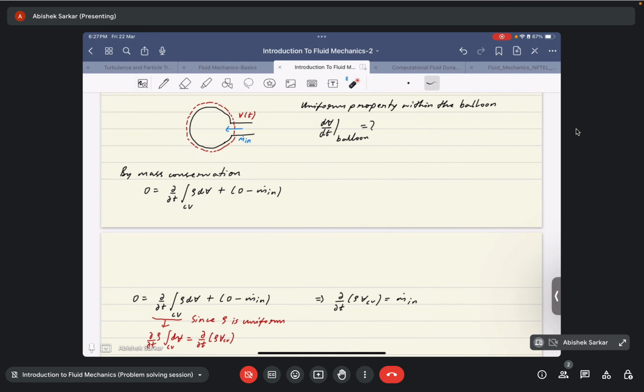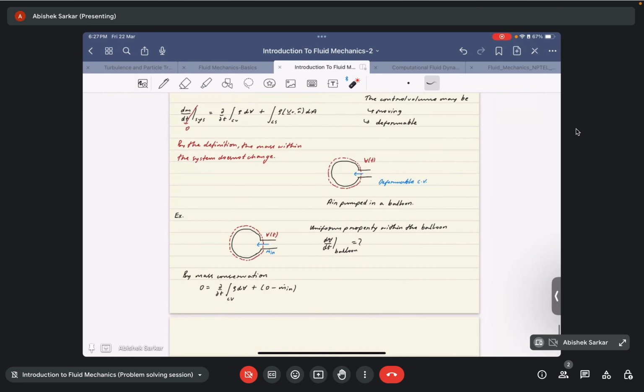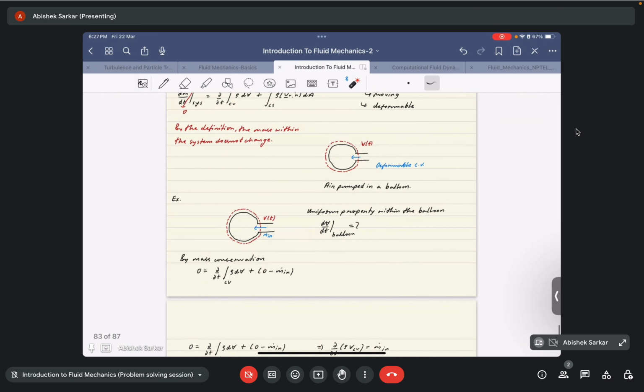If I zoom out a bit, yes, this term is basically the net mass flux out of the control volume, so m dot out minus m dot in. Since m dot out is 0 for this particular case, because all the air being pumped is being stored within the balloon itself, which inflates the balloon to a larger volume, m dot out is equal to 0, and that's why we have this 0 in this conservation law.